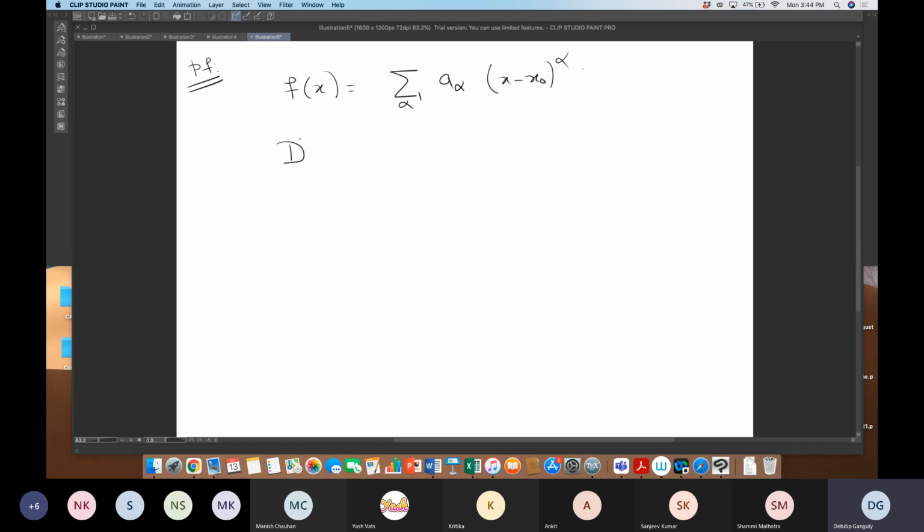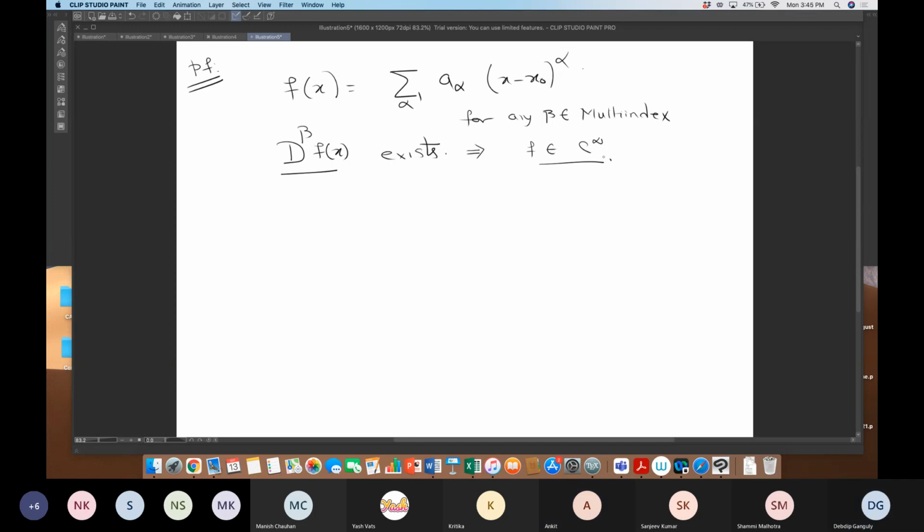We have to show for any beta in the multi-index, d beta f exists. Yes or no? Yes sir. For any beta, whatever the power, d beta f(x) exists, then this will imply f is C infinity. Okay. Clear? Yes or no?